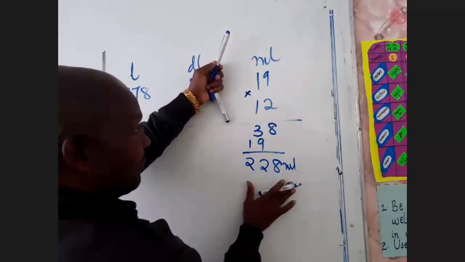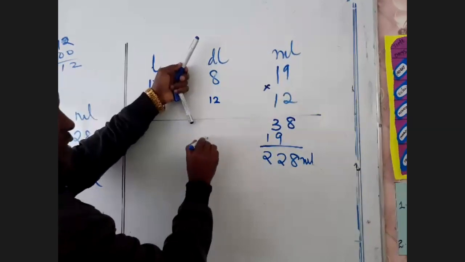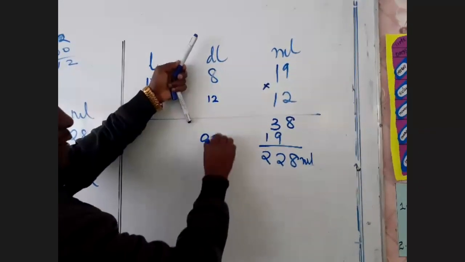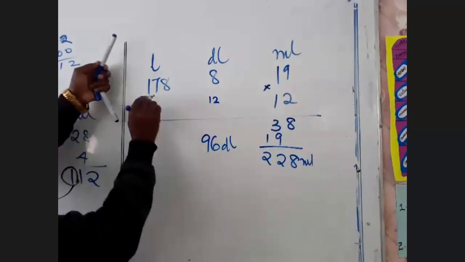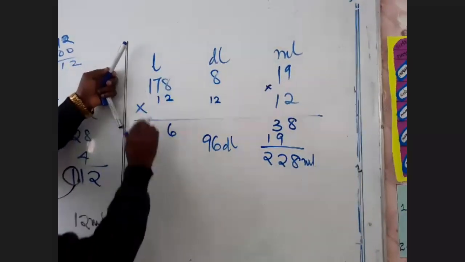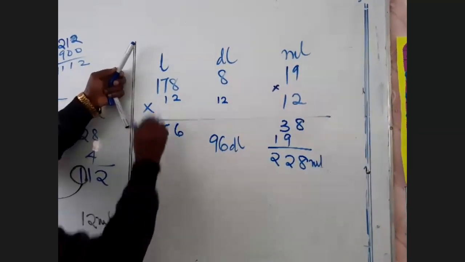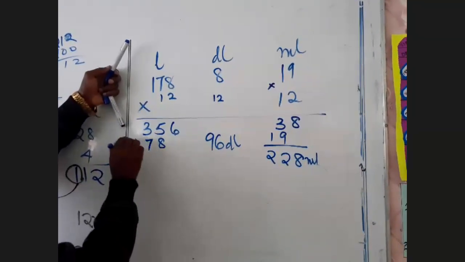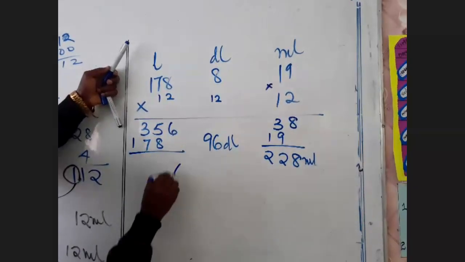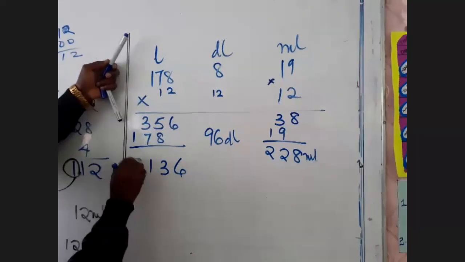Bring that 12 here. 12, it's a 96. No problem. Bring that 12 here again. That is 16. 14 is 15. 2 is 3. And then 8, 7, and 1. We are adding 6, 13, 10 is 11, and 2.